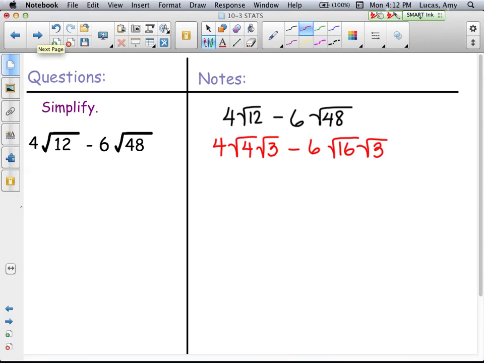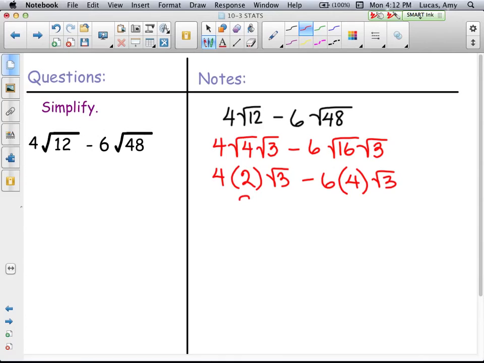So 48, you may have thought was 24 times 2 or 6 times 8, but those aren't going to help us. We could have used 4 times 12, but that wouldn't be simplified enough. We would have had to break it down again. So now, my perfect squares, the square root of 4 is 2, and the square root of 16 is 4.